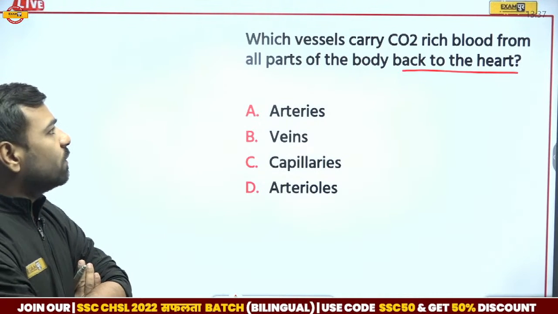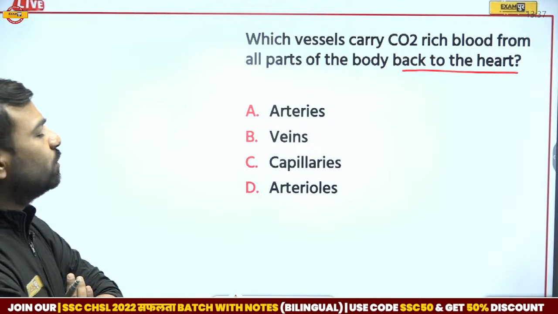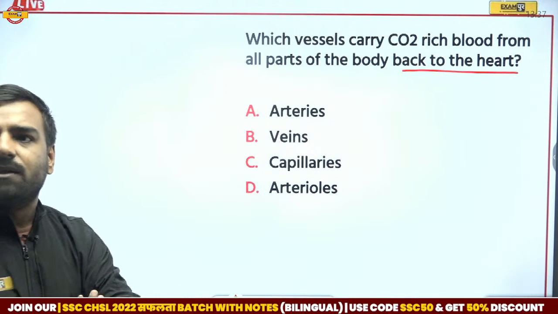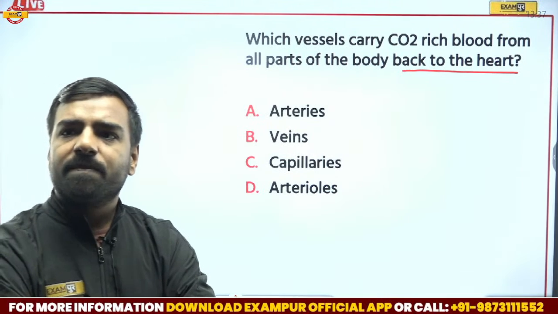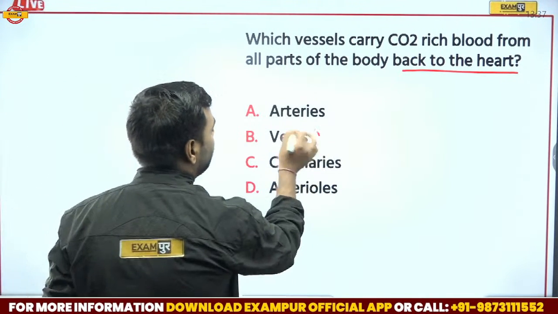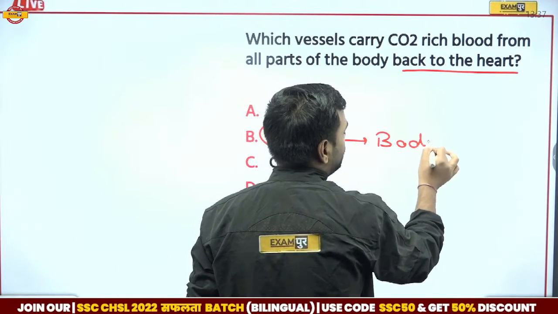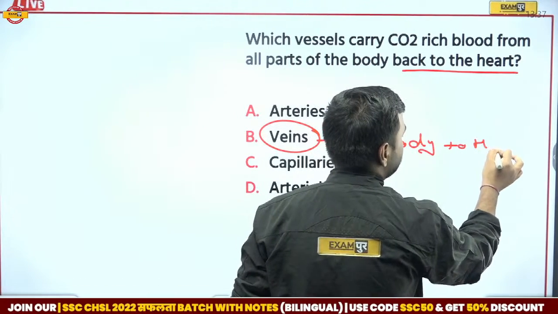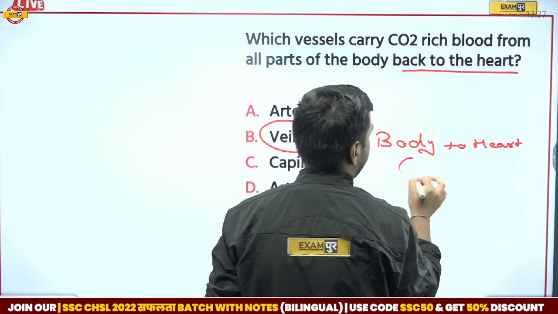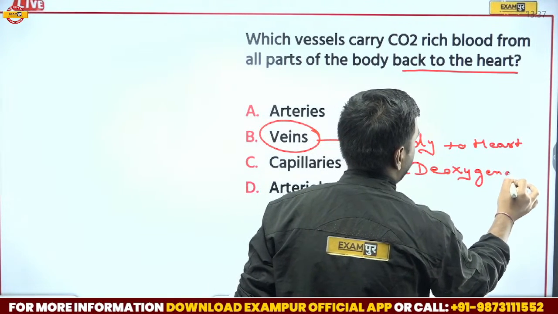Here the question is, which vessels carry CO2 rich blood from all the parts of the body back to the heart? I have already discussed this part. Gia is going with B, Kirti is with B. Okay, veins, true. Whenever we talk about veins, remember, from body to heart, this means deoxygenated blood.